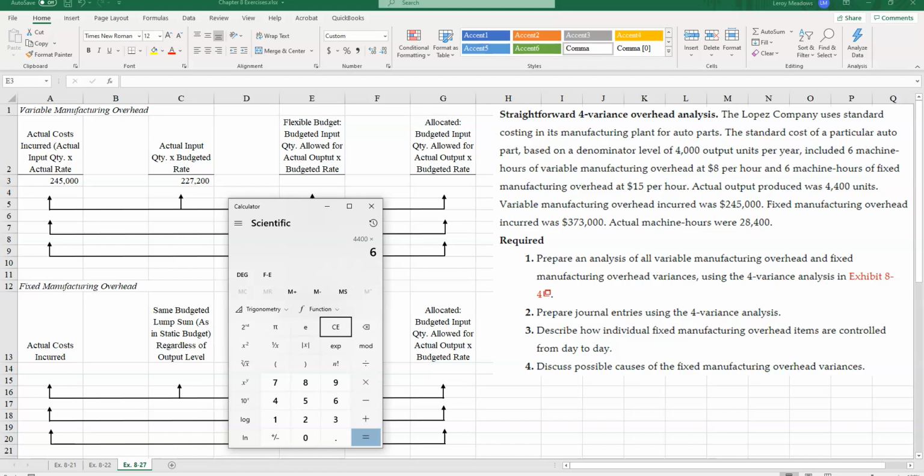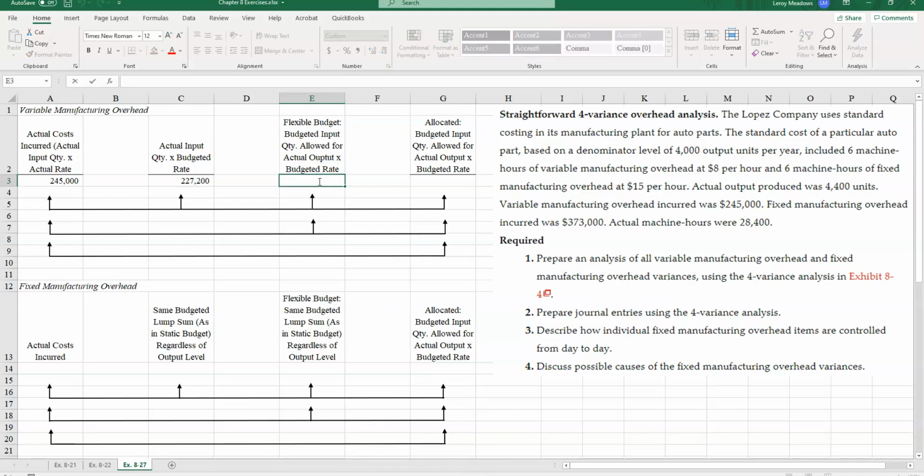So I'll multiply 4,400 times 6, and then multiply that by my variable manufacturing overhead allocation of $8 per hour. I should get $211,200, so that's what I'm going to put right here. And again, for variable cost, this is going to be the same as my flexible budget, $211,200.